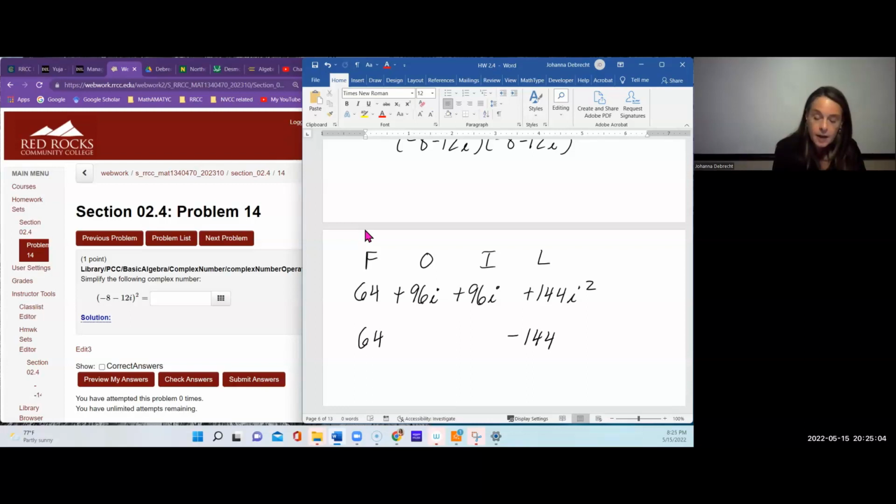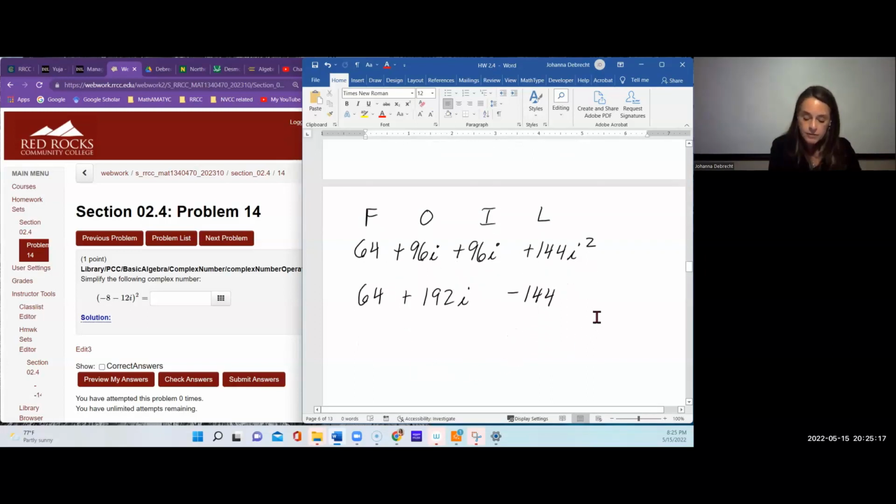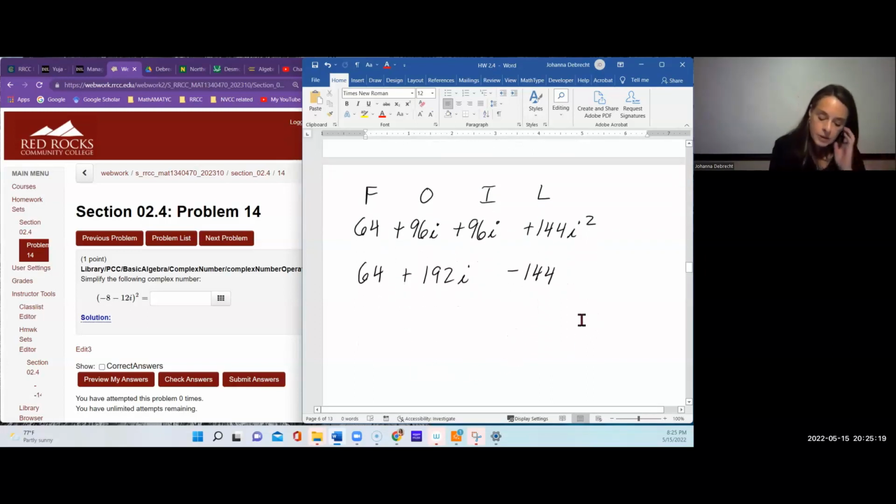The 96i plus 96i gives us 192i. Then we have two real parts, which is 64 minus 144. When we do that, we should get, well, what do we get? 80?